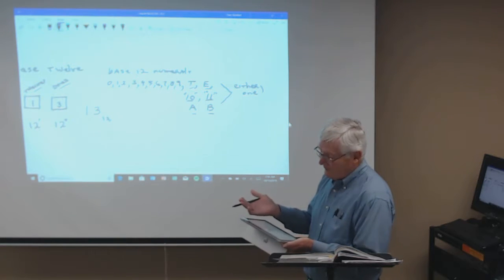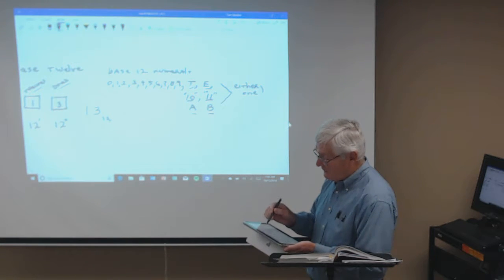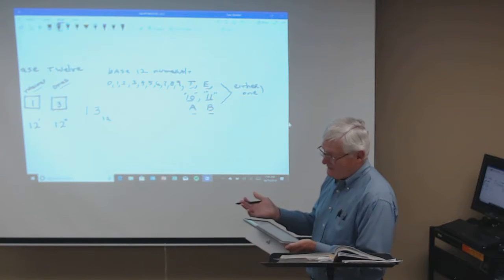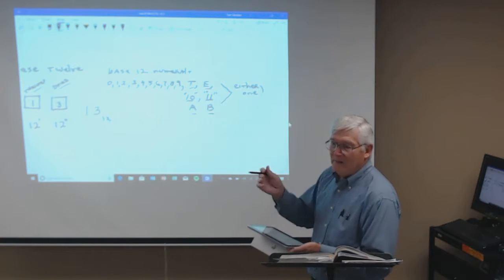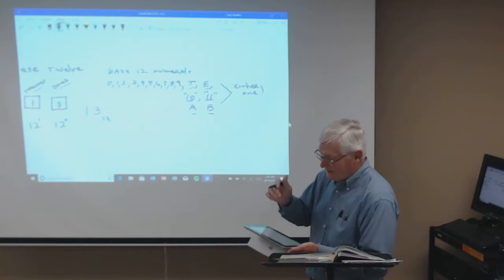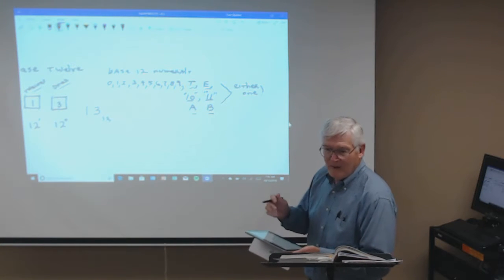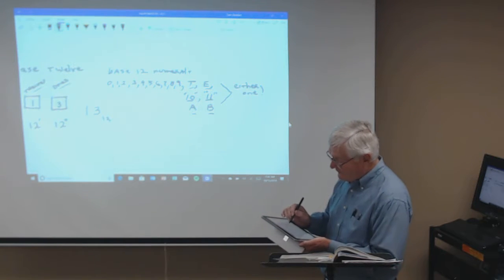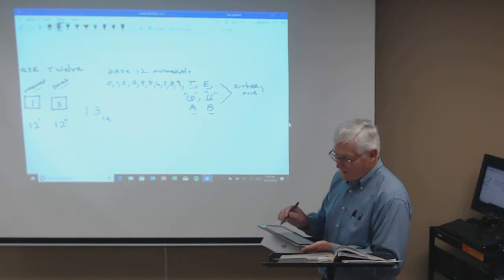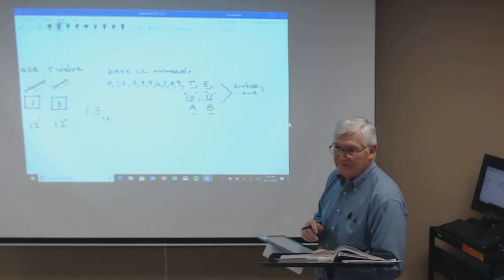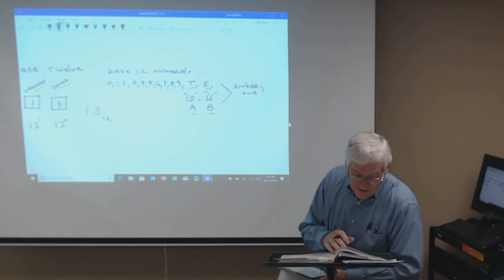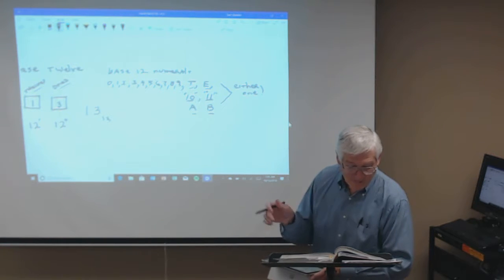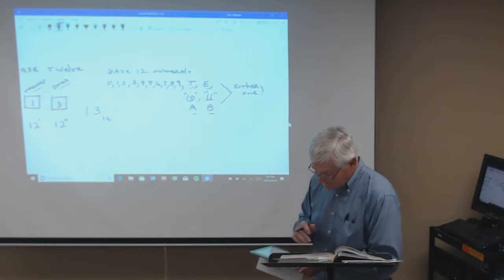So I think that's why, and if you go to the internet, it'll say you can do it either way, but most modern day mathematicians just use A and B because they understand that they're working with base 12. But when you're first learning this, I think it helps to have T for 10 and E for 11 when you're doing base 12 stuff. Just trying to be helpful in terms of you wrapping your mind around this stuff.